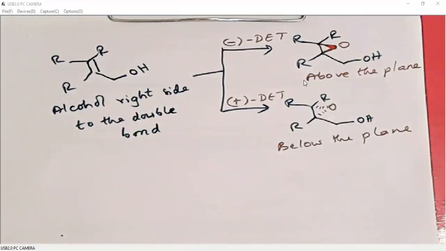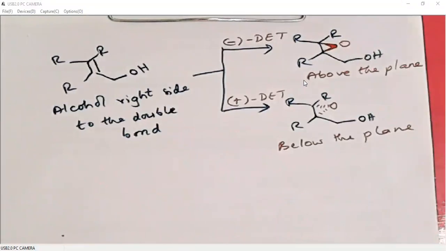So you just take it as a reverse condition. So remember, the alkene must be vertical, the alcohol should be on the right side. Then minus DET will give the epoxide above the plane, plus DET will give the epoxide below the plane.